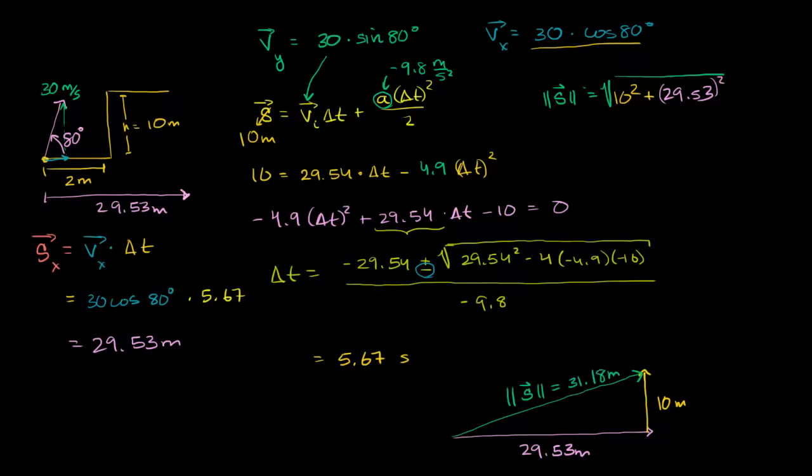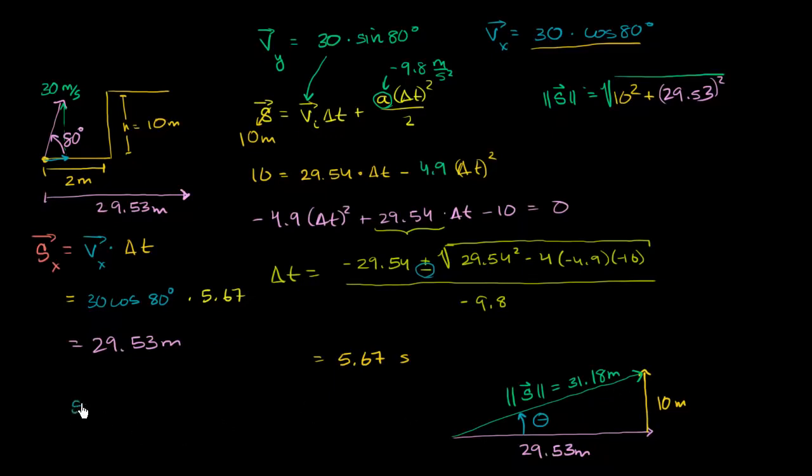One way to specify a direction is to give the angle with the horizontal. Let's call that angle theta. Once again, we can use our trig functions. We could use pretty much any of them, but we know the opposite side is 10 and the hypotenuse is 31.18. So why not use sine? Sine is opposite over hypotenuse.